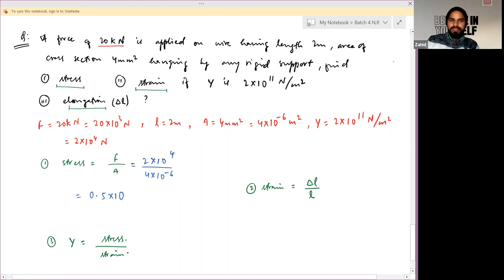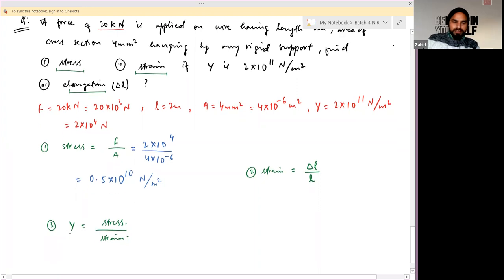On moving to numerator, it will become plus 6, and added with 4, it will be 10 to the power 10 Newton per meter square. Or you may write it as 5 into 10 to the power 9. Is it clear, Meenakshi? Yes, sir.